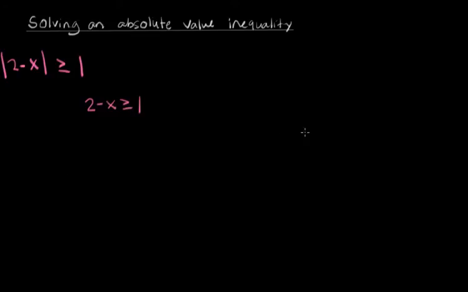But then we also have, again, think about your number line here. So whatever's inside that absolute value, it could be greater than or equal to 1 over here, or it could be less than or equal to -1 over here. So this is an or: 2 minus x could be less than or equal to -1.